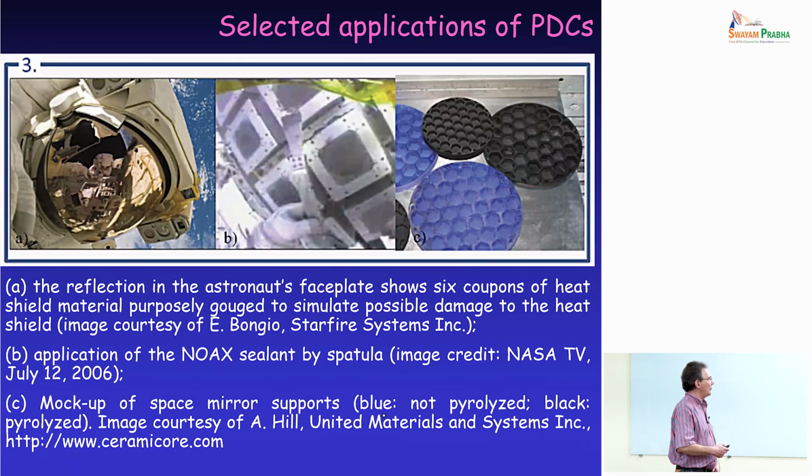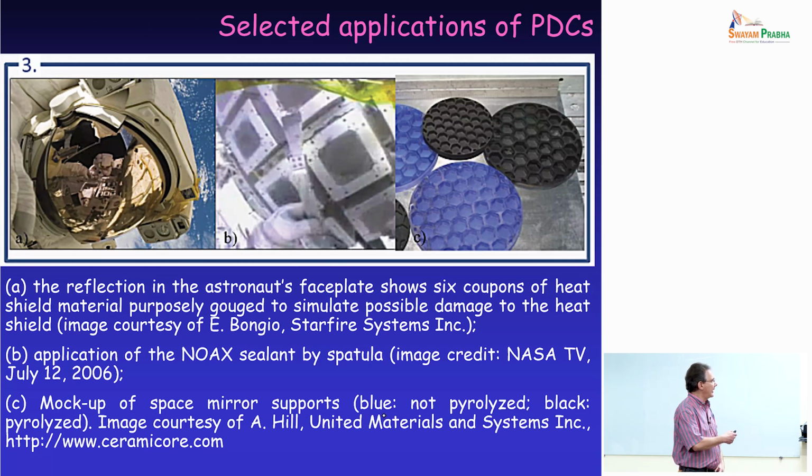They have also been used as a way of patching defects that are generated by impacts with dust. And these are some experiments that were carried out long ago, in 2006, for repairing space shuttle tiles when the space shuttle was still operating.